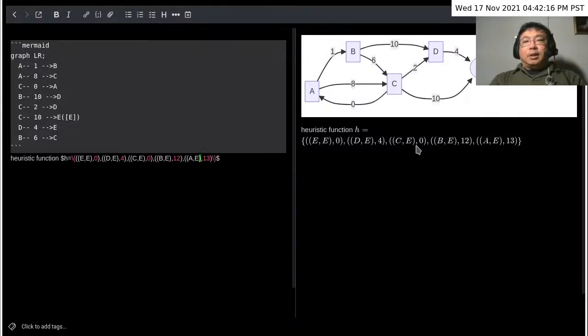This CE0, the third entry over here, basically the length of the shortest path between C and E has to be greater than or equal to 0, which in this case is fine because the shortest path from C to E is 6, and 6 is greater than or equal to 0, so it has met that requirement. But it would not be okay if this entry had a value of 7, because 7 is greater than the length of the shortest path.